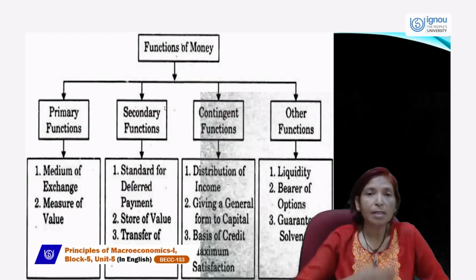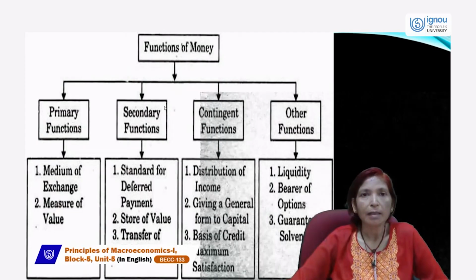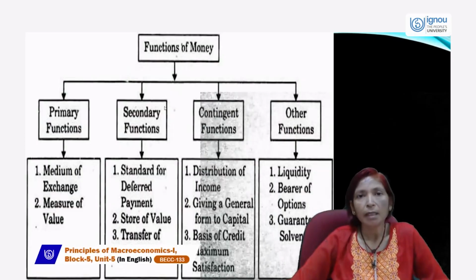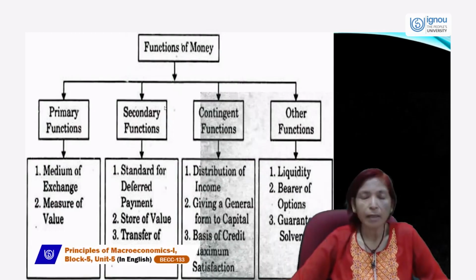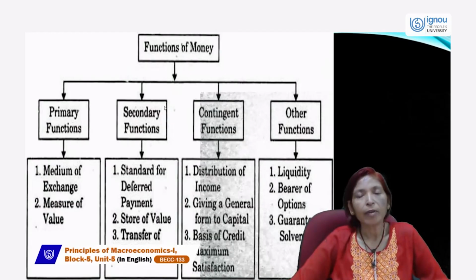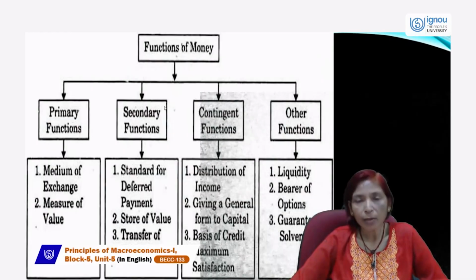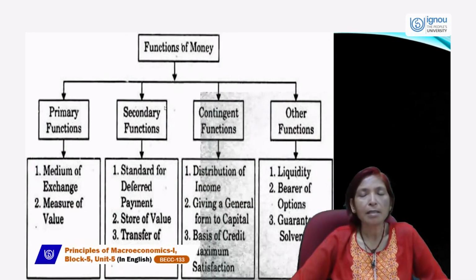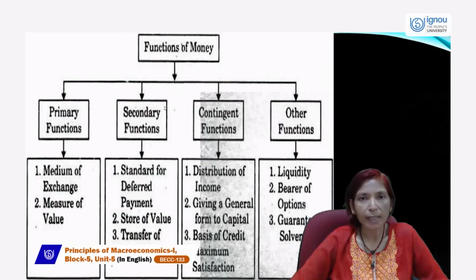With this 10% CRR, commercial banks can create multiple money. 1000 rupees can be converted into 10,000 rupees, and 10,000 rupees, if deposited in a bank, will be converted into 1 lakh rupees if CRR is 10%. So it is known as the credit creation process.